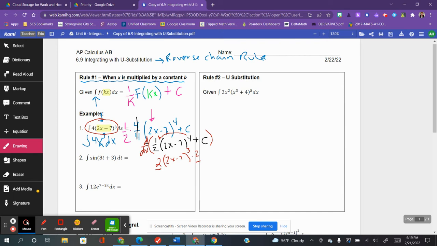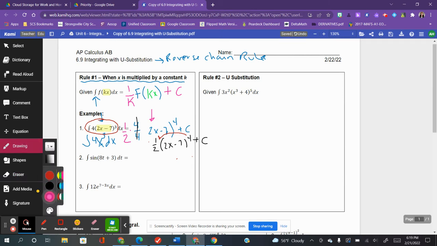I would get 4 times the quantity 2x minus 7 cubed, and the derivative of a constant is 0. So that's how I know that I took the correct derivative. All right, so I'm going to erase this so I have room. But you can always check your answer to make sure that you found the indefinite integral correctly.